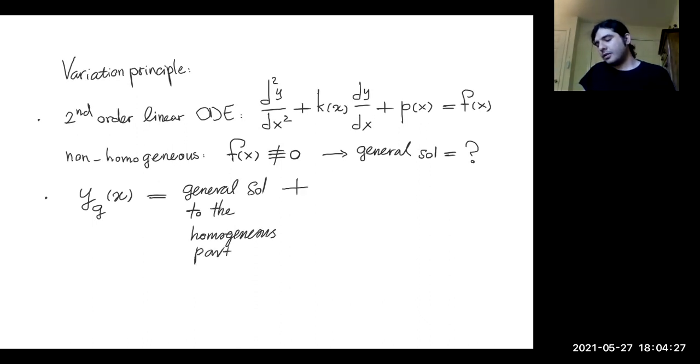And then we look for a so-called particular solution. This particular solution is a solution for the non-homogeneous part. There are different ways to do that. So this variation principle is what we are going to do now.